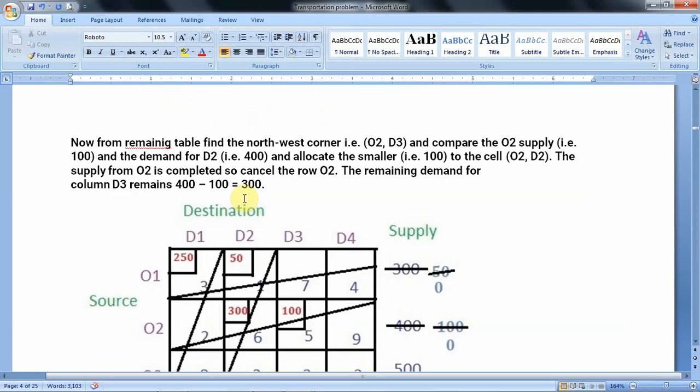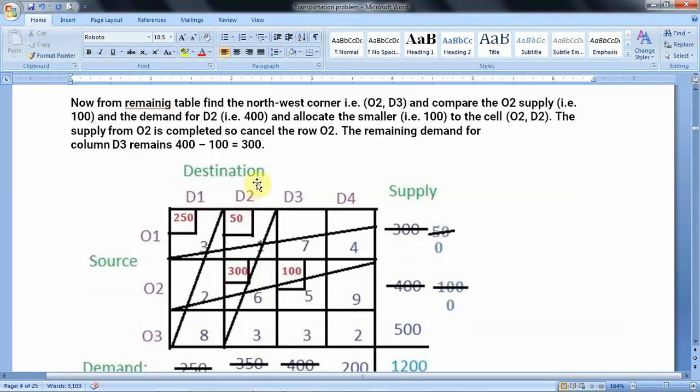The supply from O2 is completed, so cancel that row. The remaining demand for column D3 is 400 minus 100, that is 300. So now cross over the second row, the O2 line. So 400 minus 400, that value is 0.